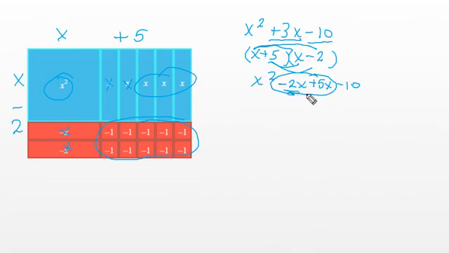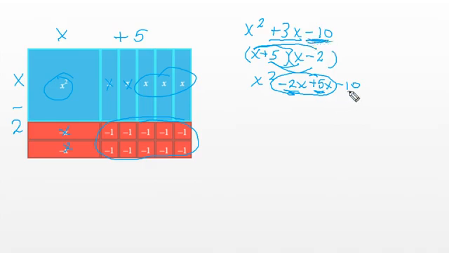And we talked about this earlier, that if I have more positives than I do negatives when I'm adding these, I'm going to end up with a positive middle term. Likewise, if I have more negatives than I do positives, I'm going to end up with a negative middle term. And we know that in order to get a negative third term, I have to be multiplying.